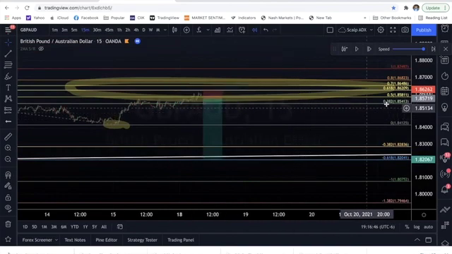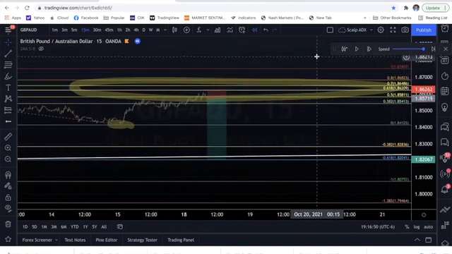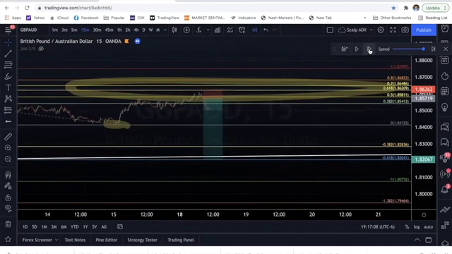But mathematically, I don't know how it works. Fibonacci, I'm not a mathematician, but the 61.8 line, both in its retracement and going forward, price is attracted to those areas. Okay. So let's see where it goes.